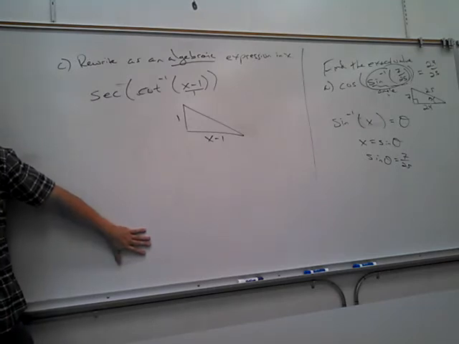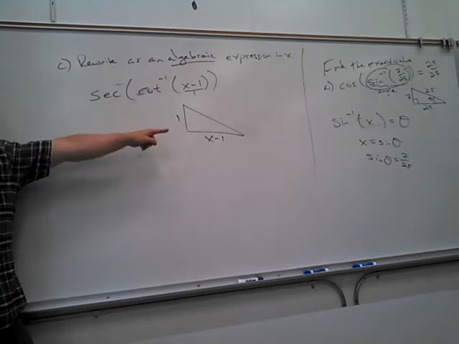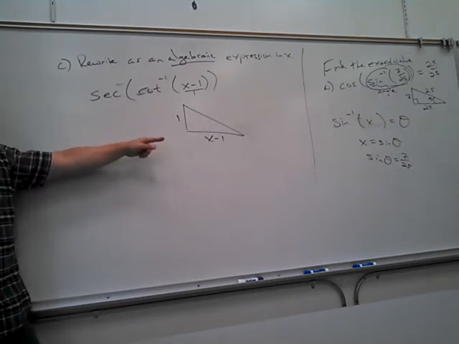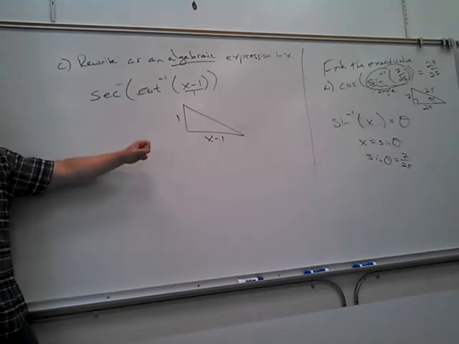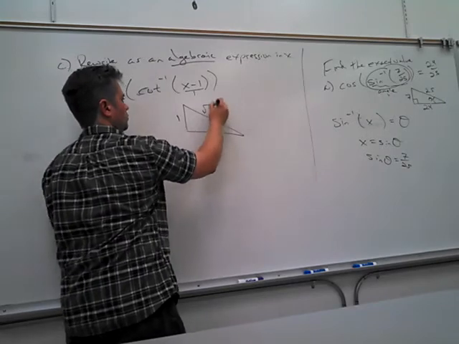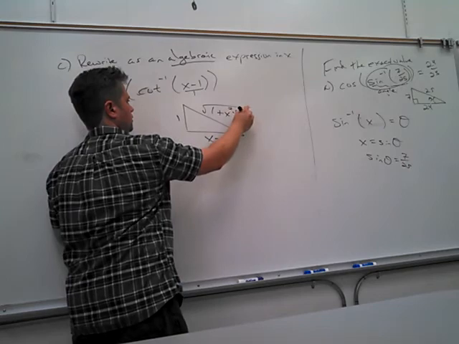Is that cool so far? And to figure out the secant, what side do I still need? Well, we've got the x side. We have to figure out h. To make secant, I need h. So what's the hypotenuse going to be? It's the square root of 1 squared plus x minus 1 squared.